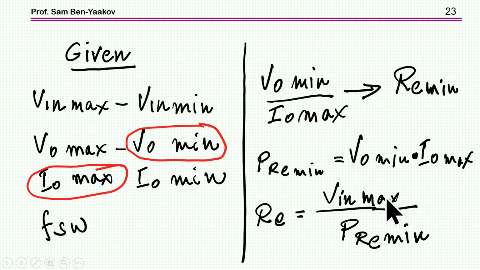V in max over this power, and this is of course for the maximum voltage. If the voltage is minimum, I have gain. So I'm not talking about this, I'm talking about the situation that the gain is 1. For the gain 1, the output voltage on R sub E is V in max, and this is the power expected for the case of the smallest RE.